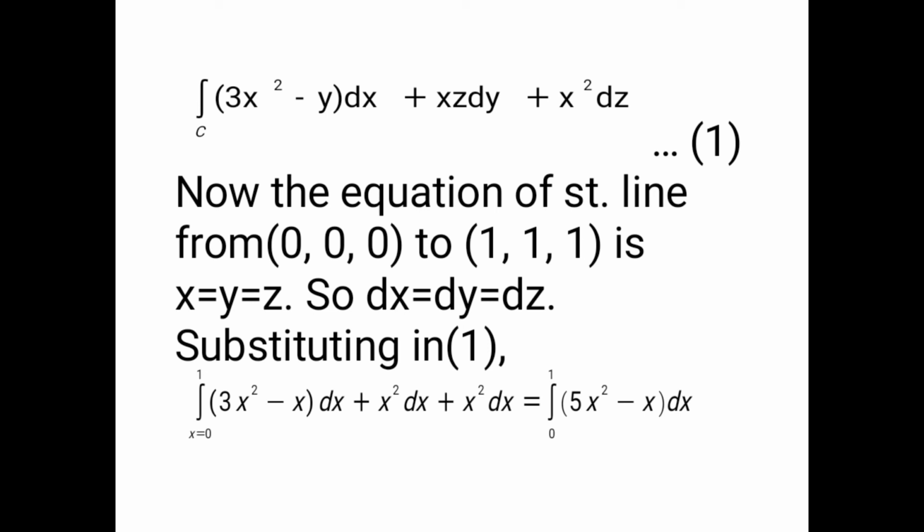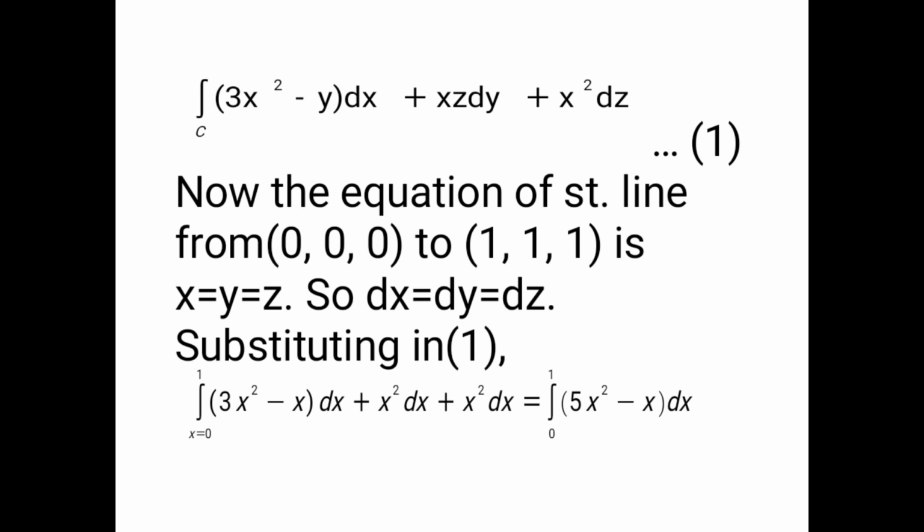Now we need to convert the integrand (3x square minus y) dx plus xz dy plus x square dz as a function of single variable consisting of its differential coefficient dx. For this we use the equation of the straight line from (0, 0, 0) to (1, 1, 1).